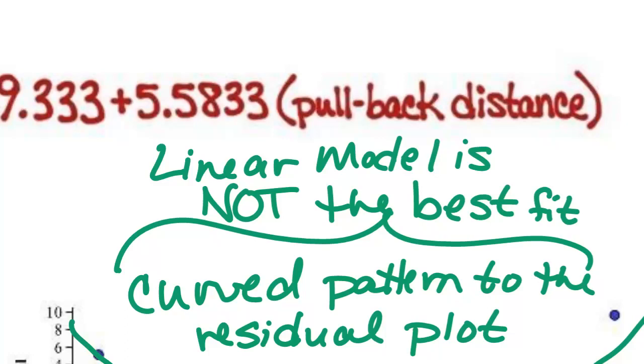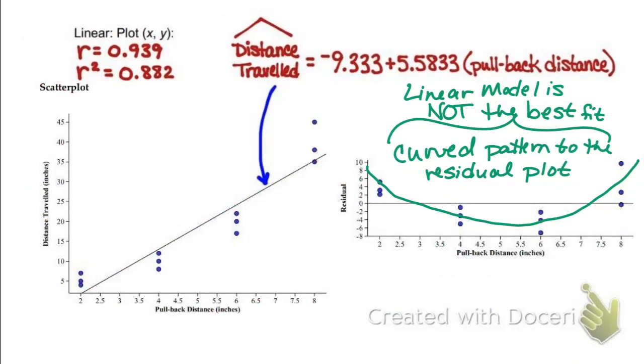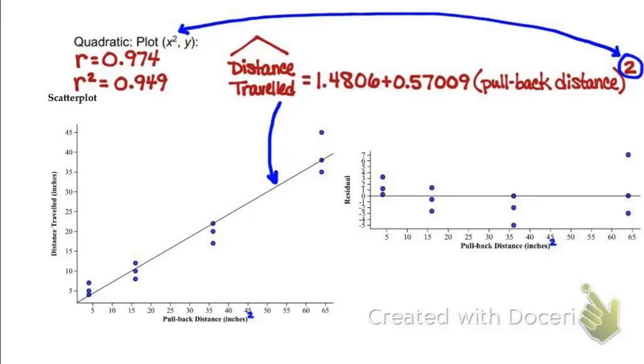When I put this same information into Stapplet and I asked it to do a quadratic plot for me, this is what I got. I want you guys to sketch this down into your notes for the quadratic plot.